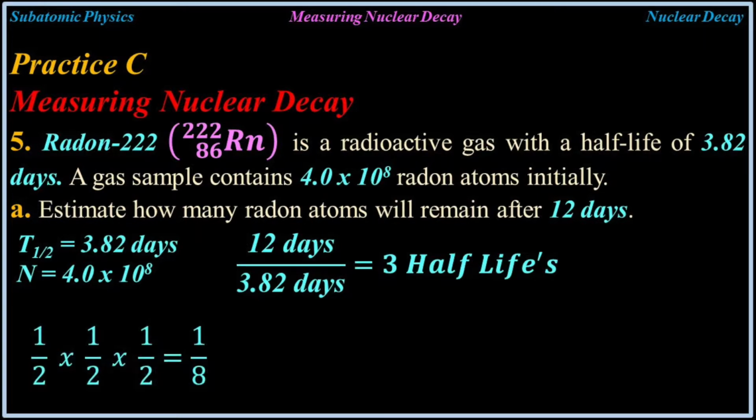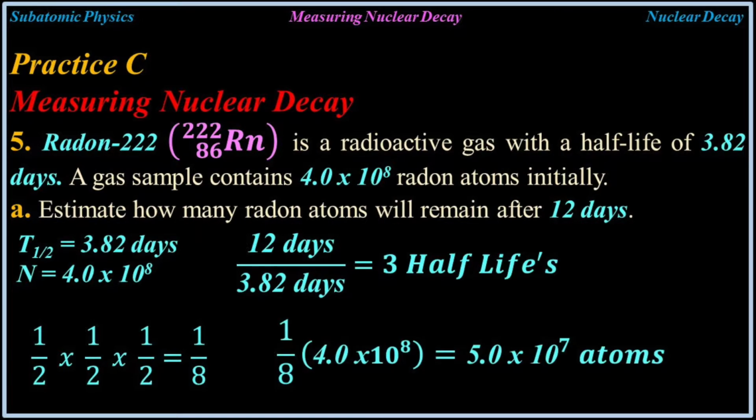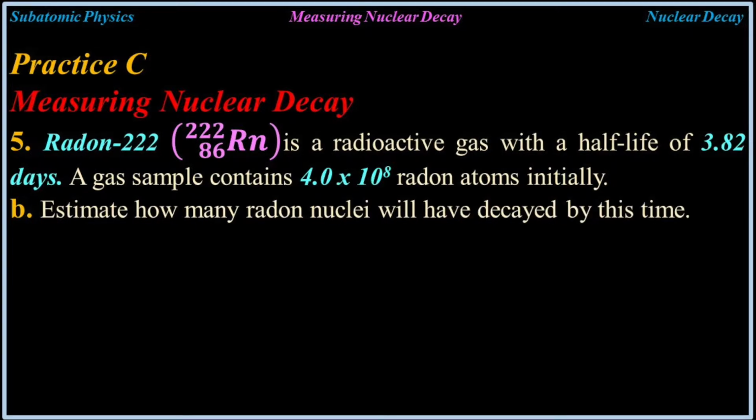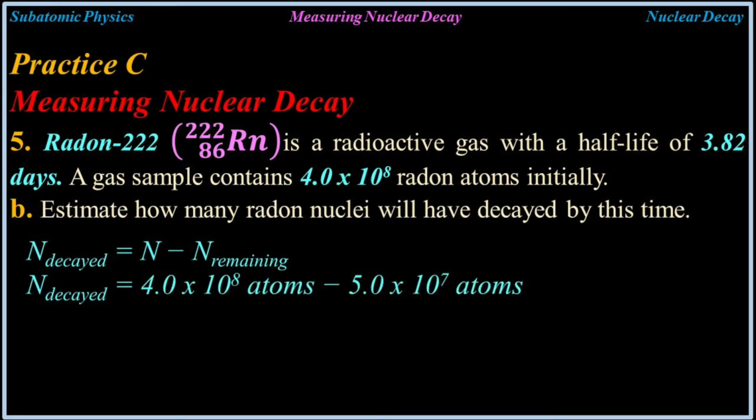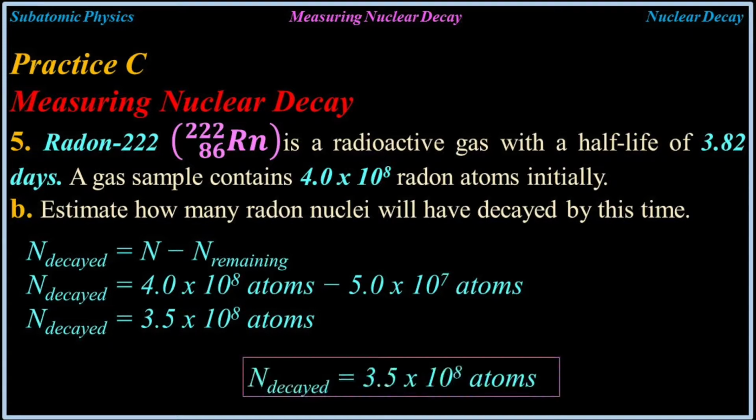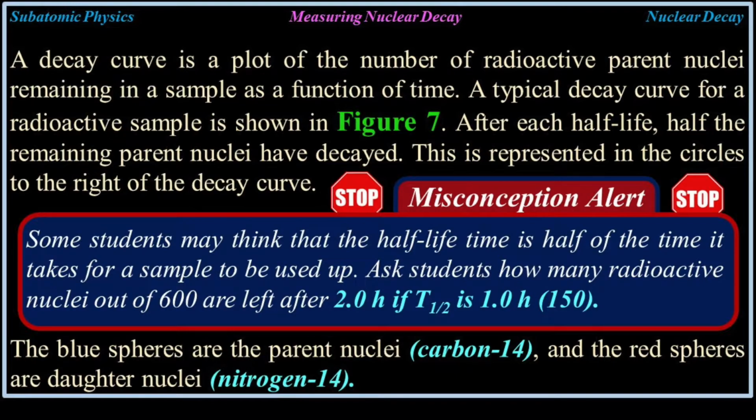And so we know that 1/8 of the total n is going to be 5 times 10 to the 7th atoms. Estimate how many radon nuclei will have decayed by this time. So we want to simply subtract, and we find that the answer is 3.5 times 10 to the 8th atoms.